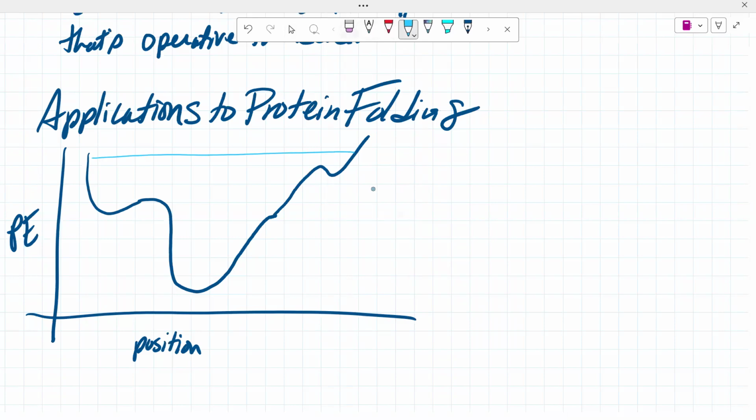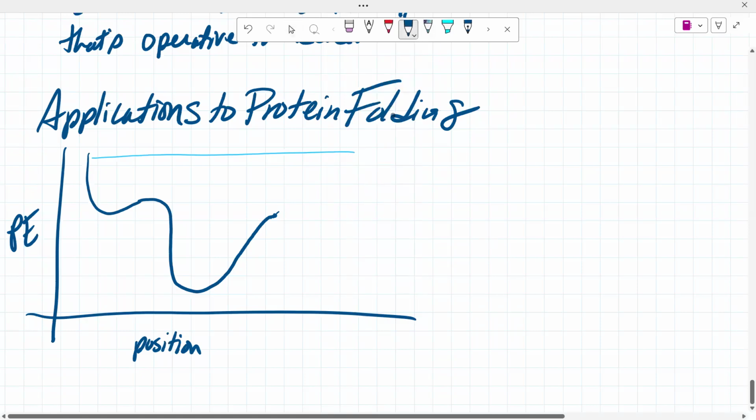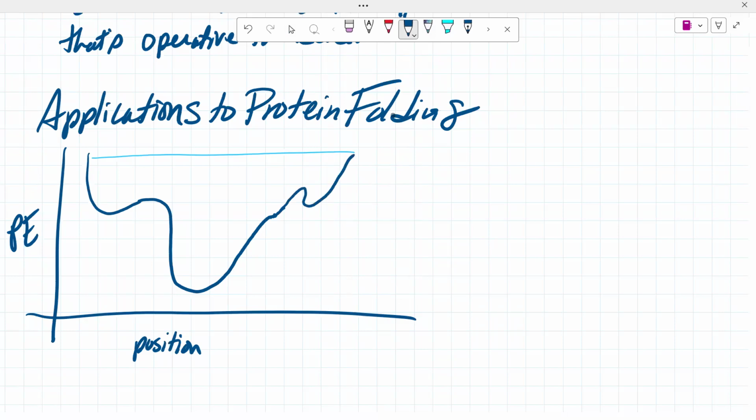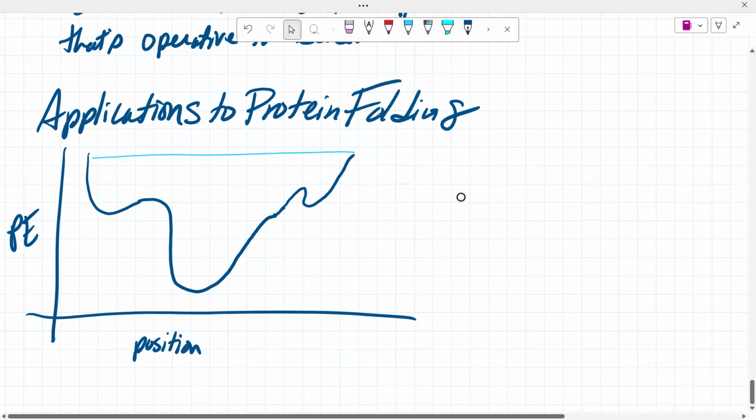Let me draw it closer to the diagram I have here. It's supposed to go back up. I'm just making some markers on here.